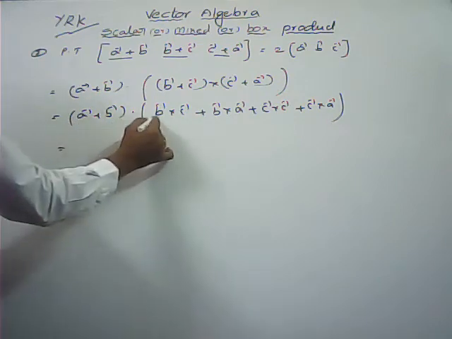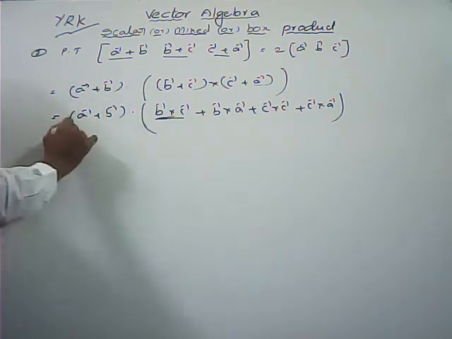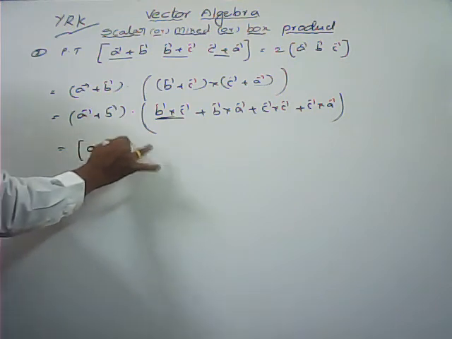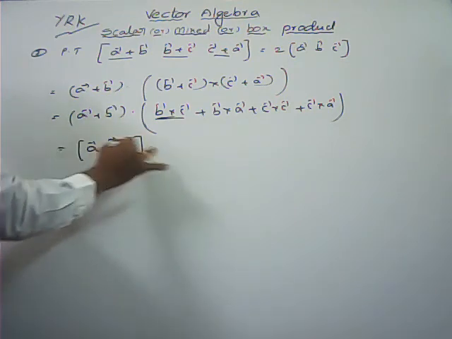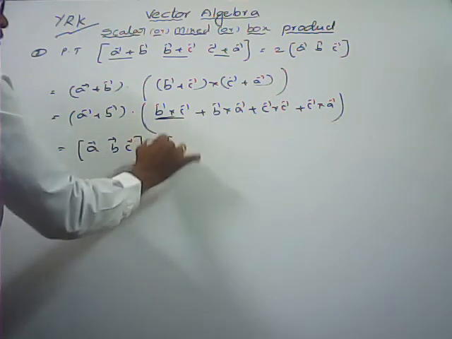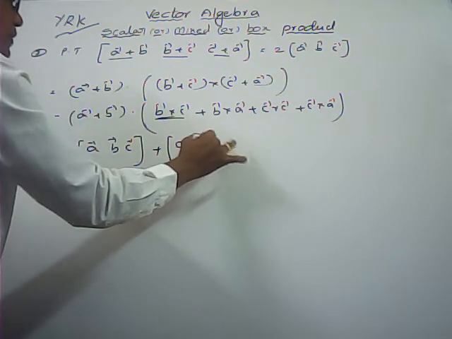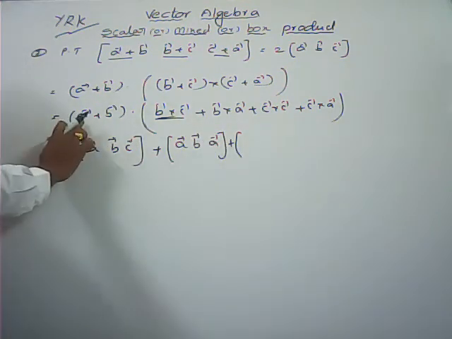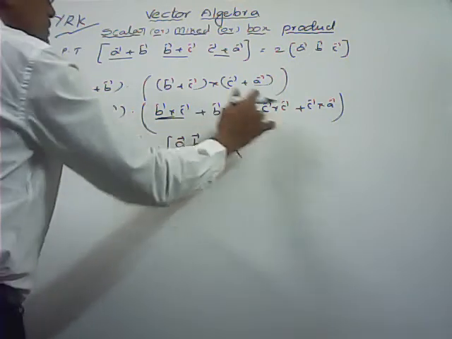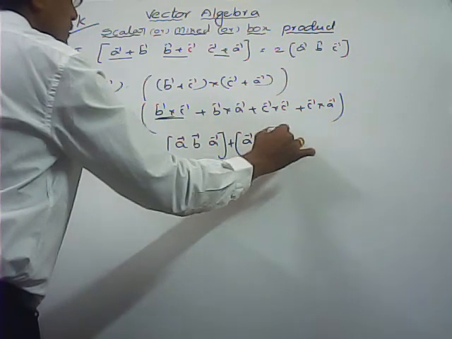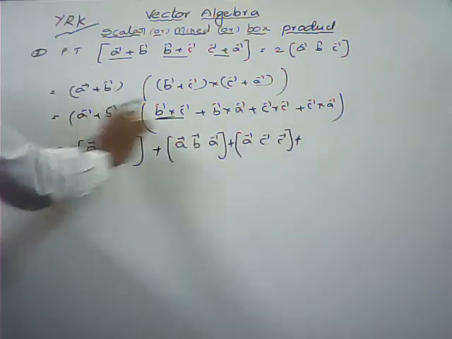A bar dot B bar cross C bar, so we can write box ABC, plus A bar dot B bar cross A bar, that is box ABA. Box ABA plus A bar dot C bar cross C bar, box ACC, plus box ACA.